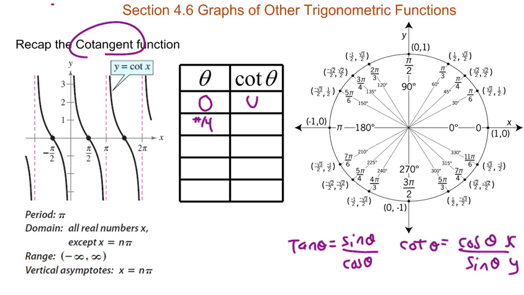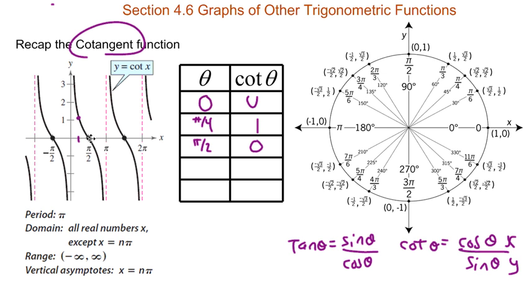Now, what if I go to pi over 4? x divided by y is just going to be 1. Pi over 4 is about right here, a quarter, and so there would be 1. If I go to pi over 2 and do the cotangent, which is x over y, x divided by y is just going to be 0.